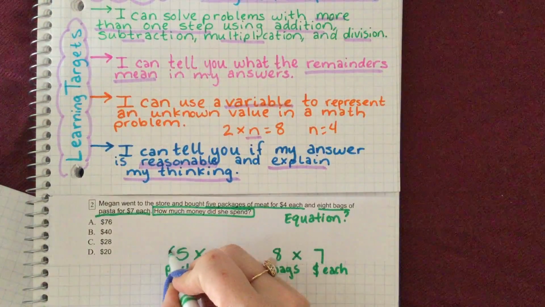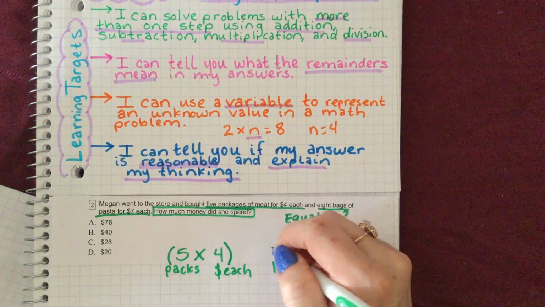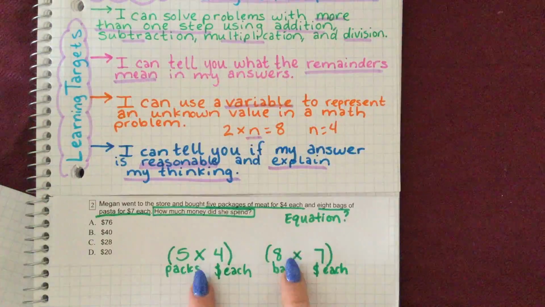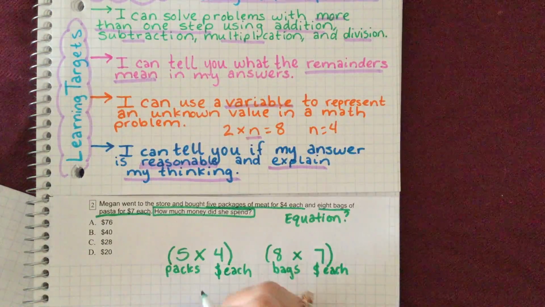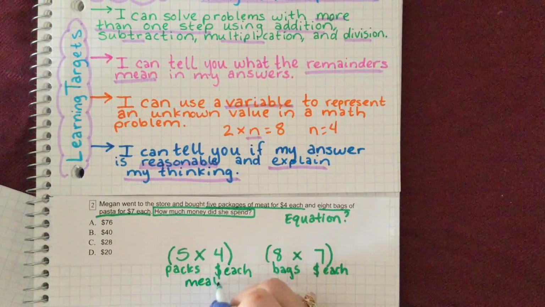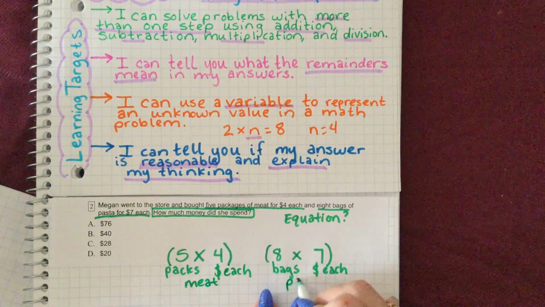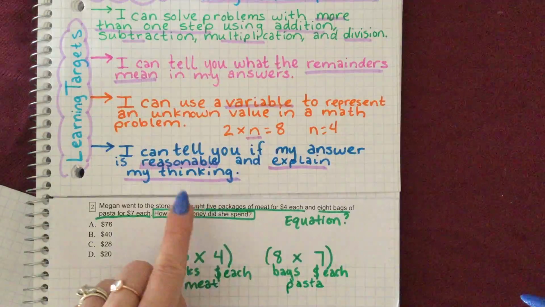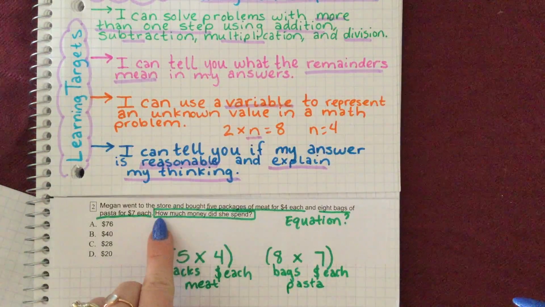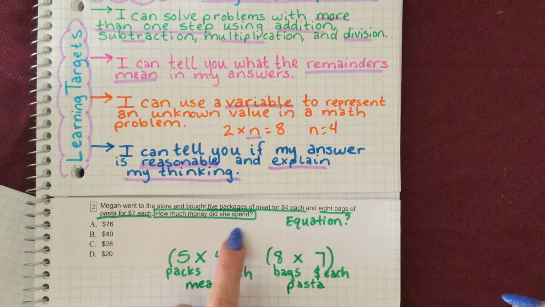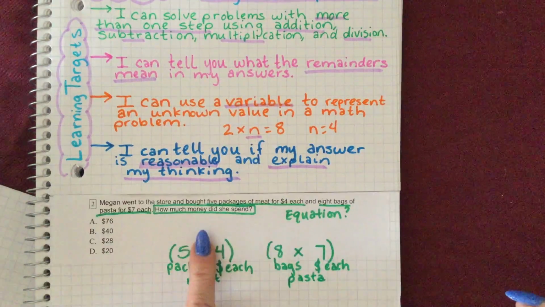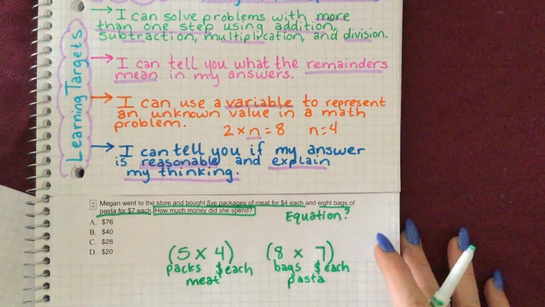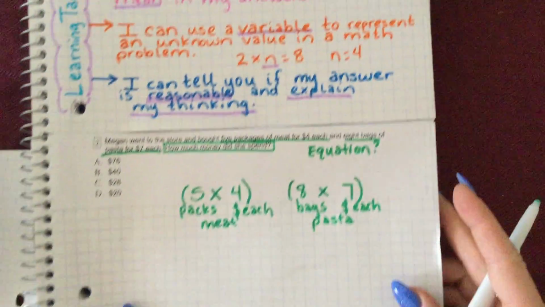So I'm putting parentheses around these 2 equations because these are 2 separate equations. That's how much she's spending on the meat, and this is how much she's spending on the pasta. But remember, she's buying both of those at the store, and we want to know how much she spent. So what are we going to do with this and with this? Pause the video, talk about it, and come back when you're ready.